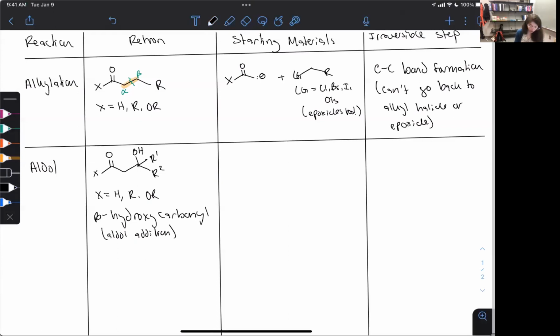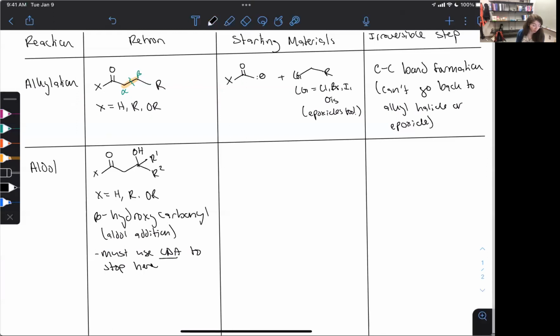And really the only way that we can make this as our final product, and not as a step to make the product, is you have to use LDA to get this. So if we want to stop here, we have to use LDA as our base in order to isolate that aldol addition product.